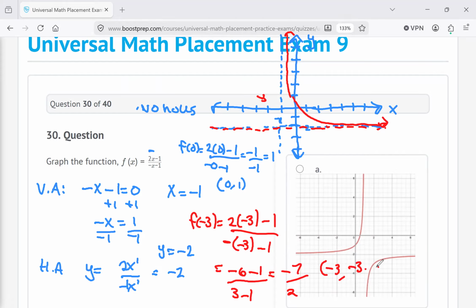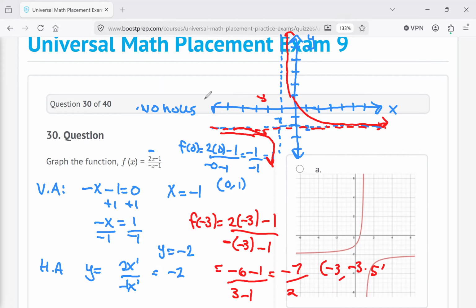It spits out 3.5. So negative 3 will be right about here. So you know it's not going to cross the red dash line or the blue dash line. Okay, so we need a graph that looks like this.